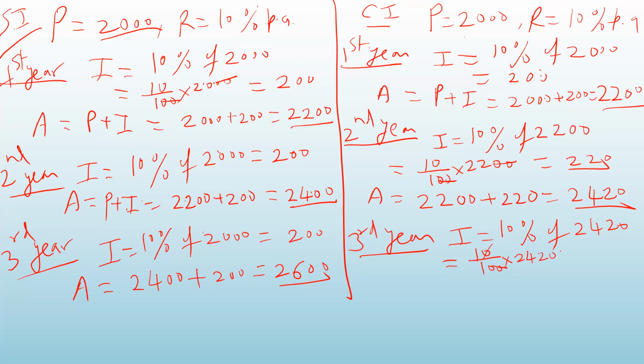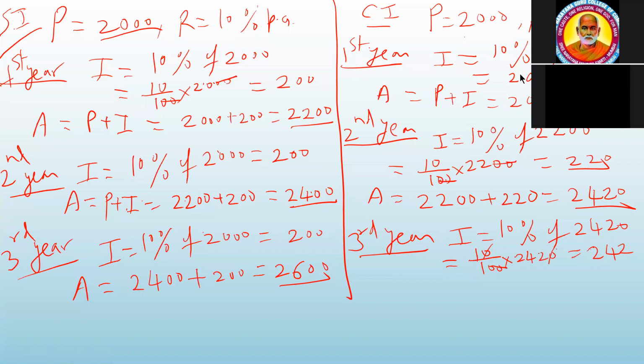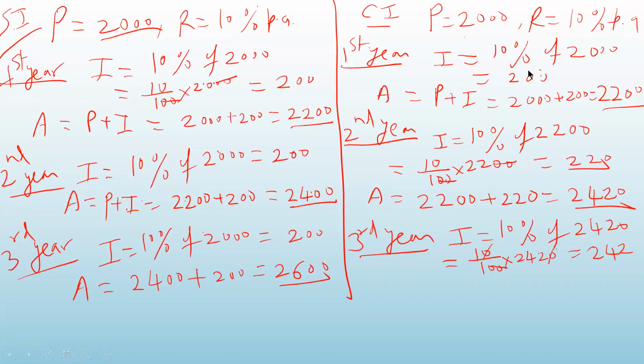These two zeros will get cancelled, so you will get 242. This will be your interest in the third year, whereas in simple interest, you are getting the interest as 200 only in the third year. Here you got interest 242. See, 42 rupees more.